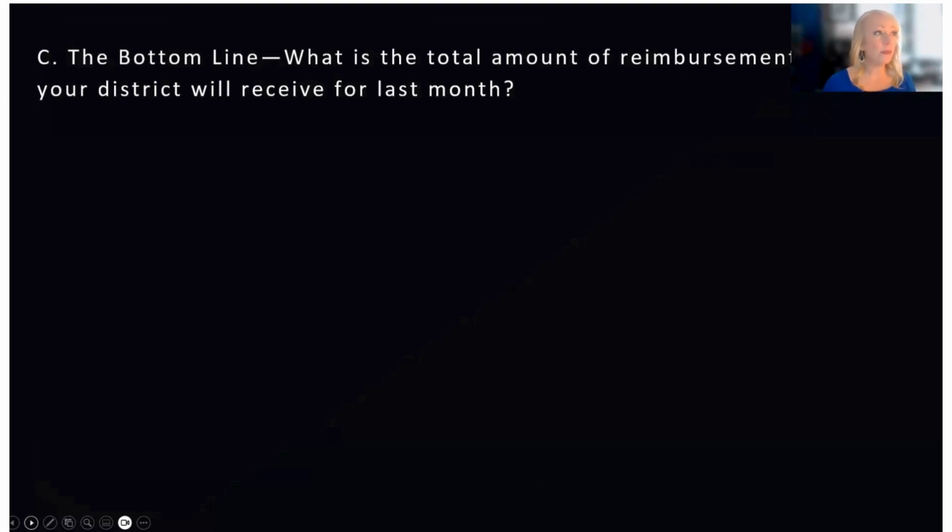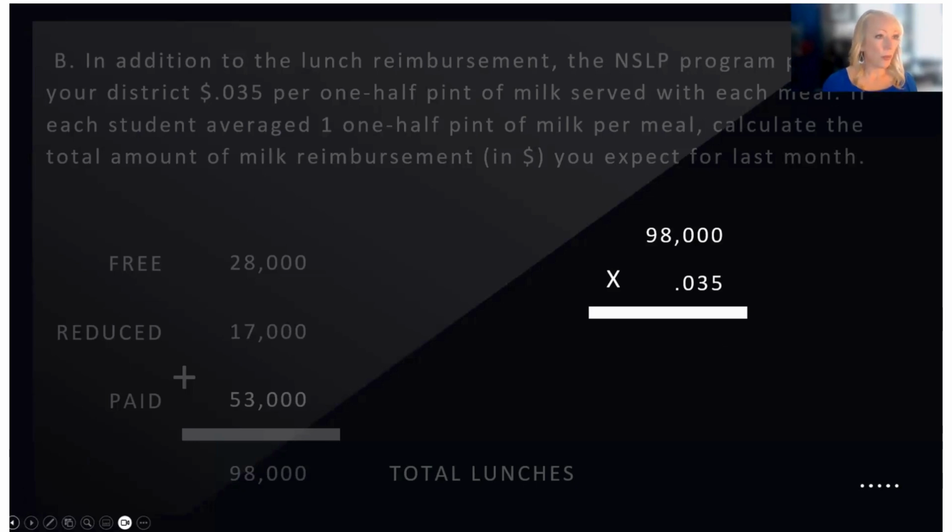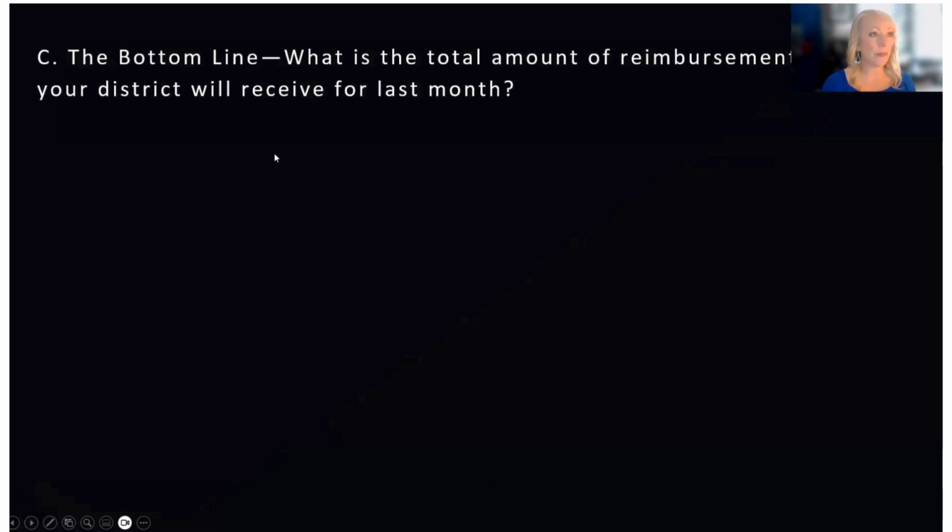C, the bottom line. What is the total amount of reimbursement in dollars your district will receive for last month? To find the total amount of reimbursement, we need to find out what the amount of reimbursement was for the school lunches and for the milk.